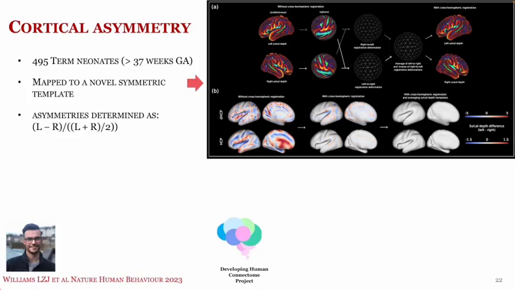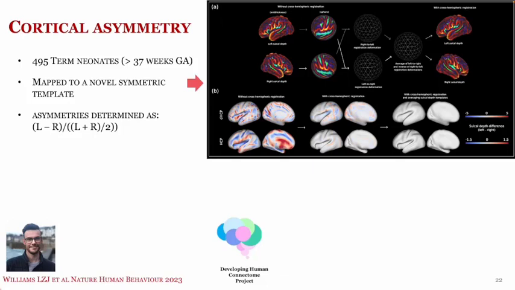Now, looking at some downstream applications, we can start to see examples of where surface analysis is really offering unique advantages over volumetric analysis for studying certain properties of the cortex, in this case cortical asymmetries. Asymmetries are features of cortical organization that are implicated in a wide range of cognitive processes as well as many neuropsychiatric disorders.